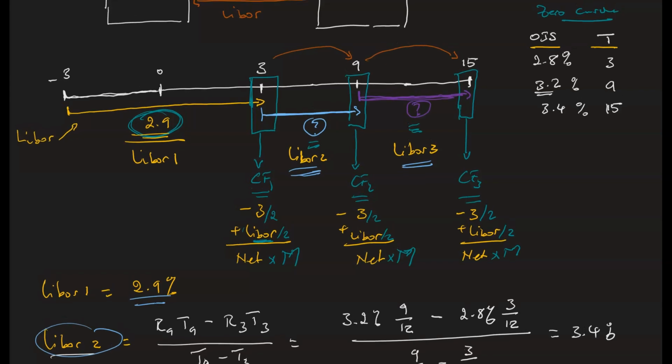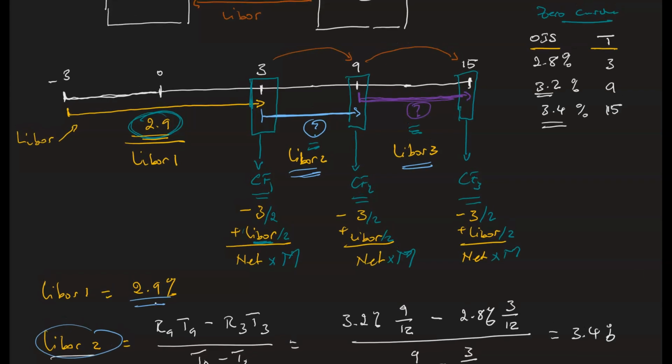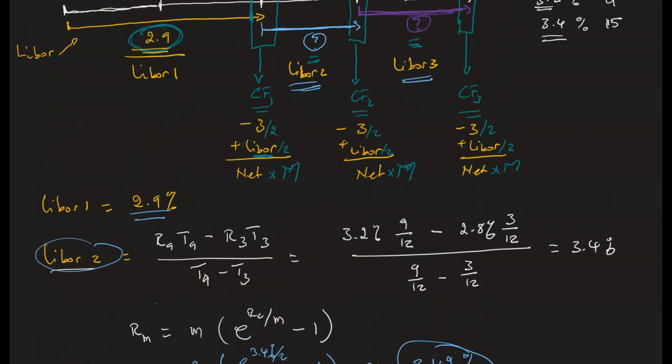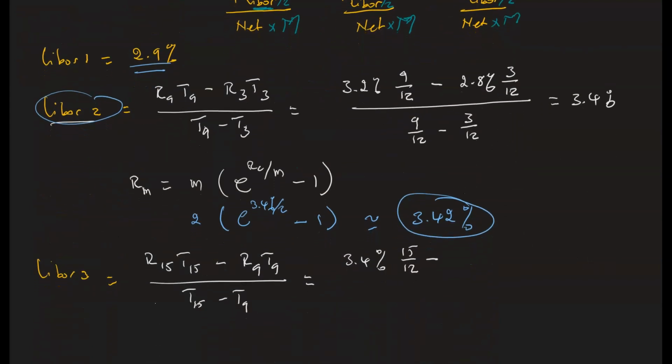R15 was the OIS rate 15, so that's 3.4%. So we're going to have 3.4% multiplied by 15 divided by 12, minus R9, which was at 3.2%, multiplied by 9 over 12, and we divide it by T15 minus T9.